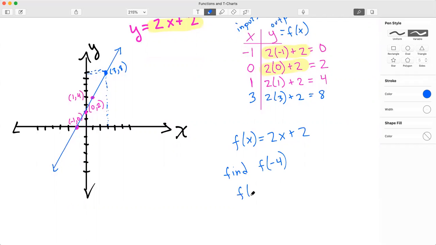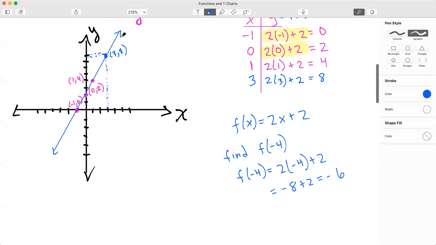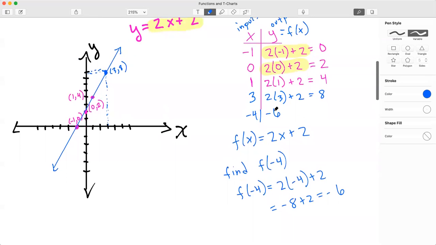So f of -4 equals 2 times -4 plus 2, written exactly according to this function, which is -8 plus 2, or -6. So one of the points on our line would be (-4, -6). Input of -4, output of -6. This is a function.